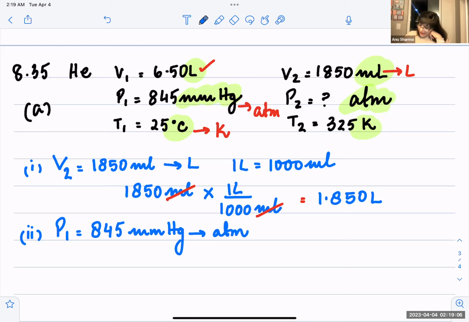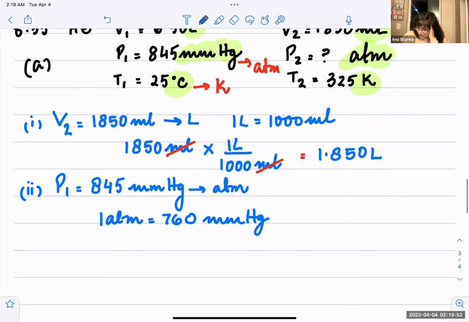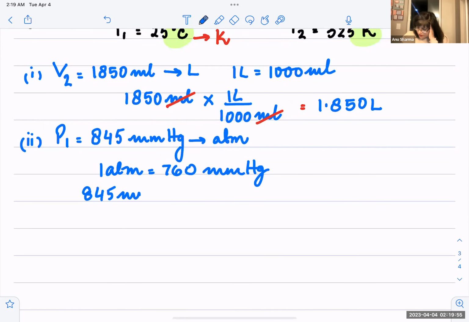We know that 1 ATM is 760 millimeters of mercury, so we can create conversion factors from there. 845 millimeters of mercury times 1 ATM over 760 millimeters of mercury.